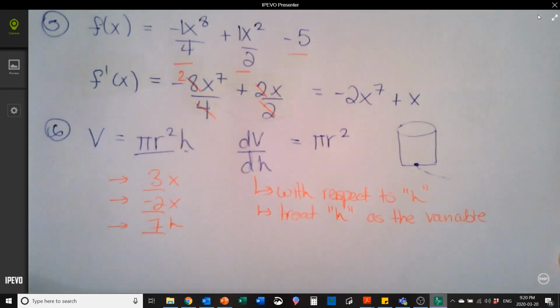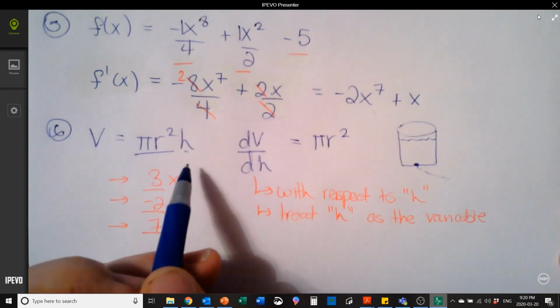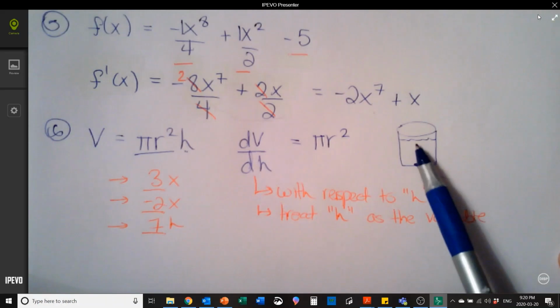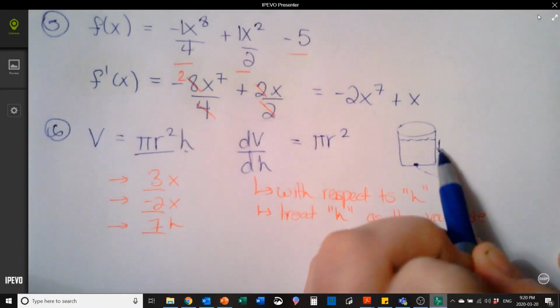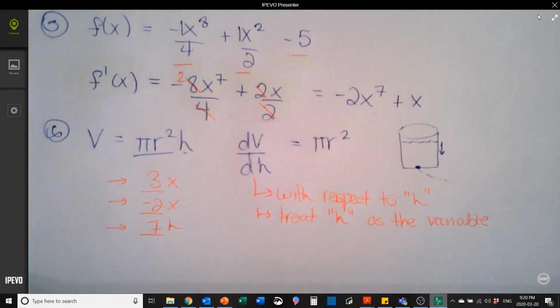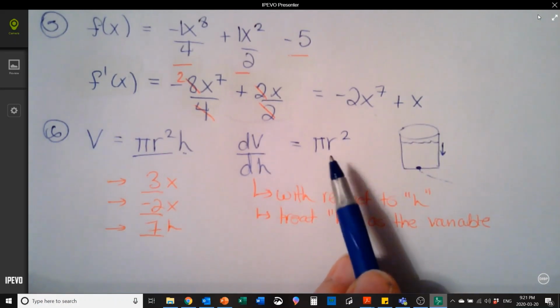And this makes sense when you think about the volume of a cylinder, which is what this is. You ask yourself, what happens to the volume as the height changes? How is the volume changing? If you imagine how the volume of that cylinder changes every time the height changes, even by the smallest amount, it really makes sense that you're getting pi r squared here, because that's the area of a circle.